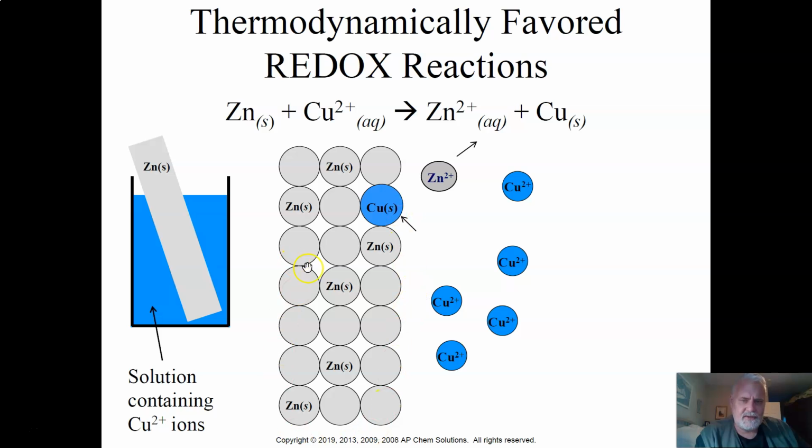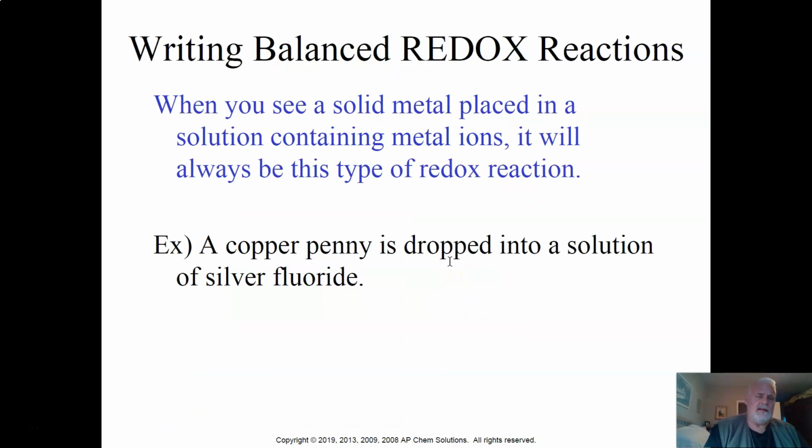You just rinse off that extra copper, and you can see that the zinc will lose some of its mass. Okay, so now we have the zinc +2 ions because it gave up 2 of its electrons. All right, so that's at the core of what's going on here, and essentially what you're saying is this one thing wants electrons more than this thing, so therefore they're willing to exchange that.